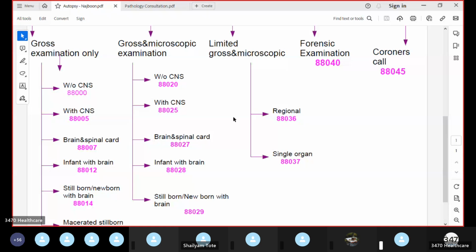Okay, sir. Then for forensic, they are not telling any... Forensic means based on the evidence, maybe fingerprints or some other evidence available. Based on that, they are concluding the postmortem. Okay.